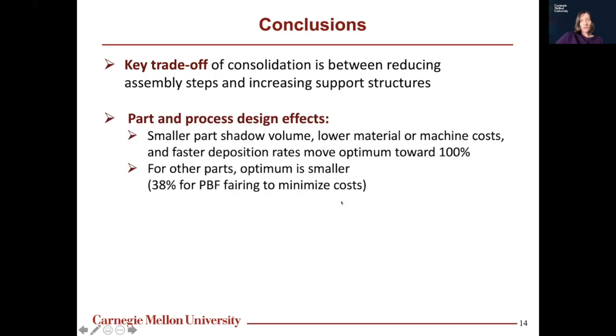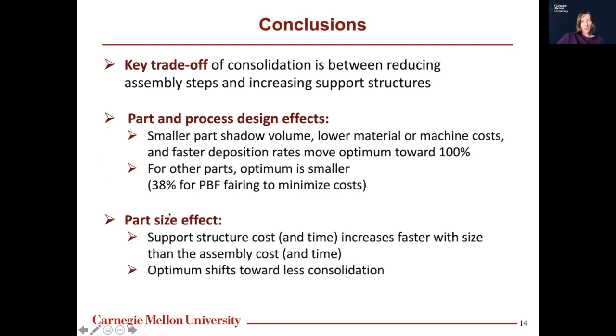And we find that smaller shadow volume, lower material or machine costs, and faster deposition rates are the key drivers to move the optimum for certain parts and certain AM modalities to 100%. But for other parts, we tend to see an interior optimum. And there's also this important part size effect.